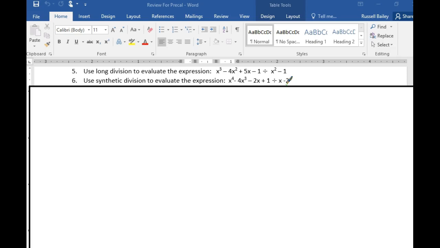All right, so the way that we do synthetic division is you start with a bracket like this. And then what you're going to do is you're going to take all the coefficients off of the one that's being divided. So that would be 1, -4, -2, and 1.